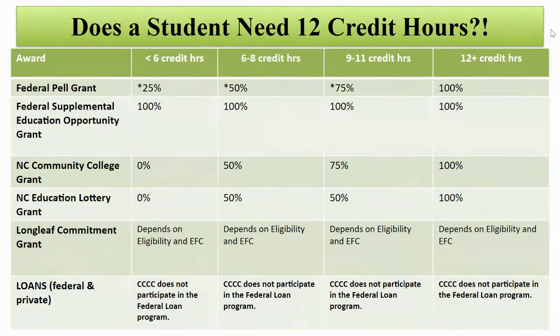It all depends on the eligibility in EOC, so we can't really base that off yet. We go by case on that situation. Loans, we do not participate in the federal loans here, but we do participate in the private loans. For private loans, the student must be in at least 6 credit hours as well.